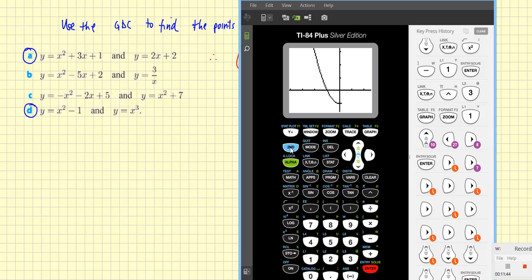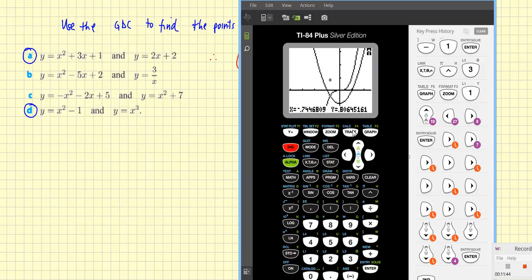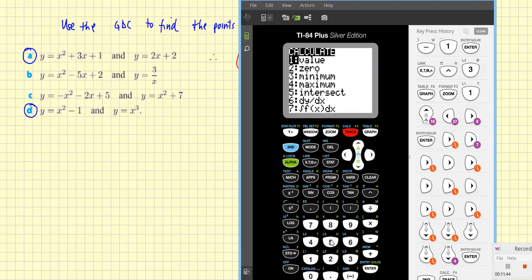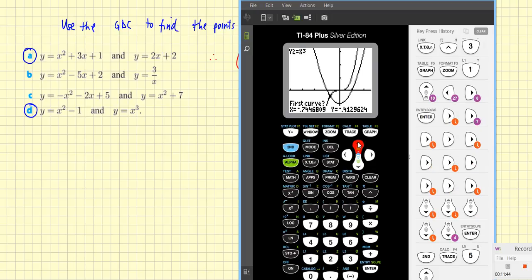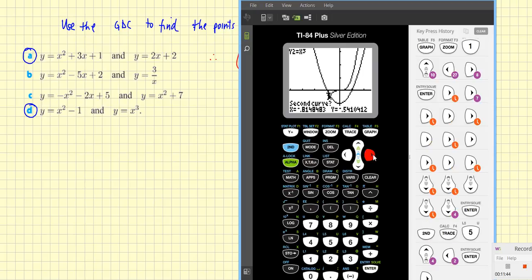So now, again, I'm going to go to second function, calculate, and I'm going to go to number 5. It's already on the graph, so I'm going to press enter. So I've selected one graph. Now it's asking me for the second curve, and now you can actually see it, but I'm going to put it a little more where it's more visible.